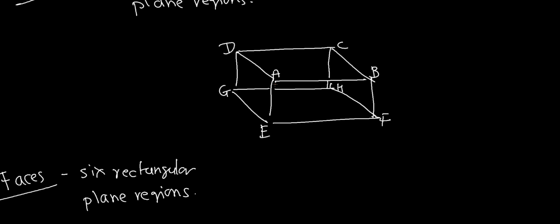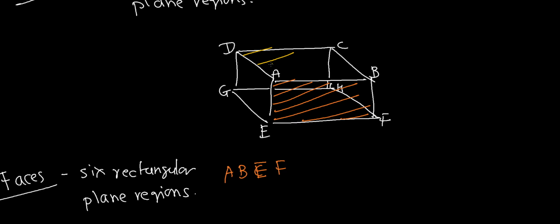So this is first. This face is A, B, E, and F. Then this one, this face is A, B, C, D.